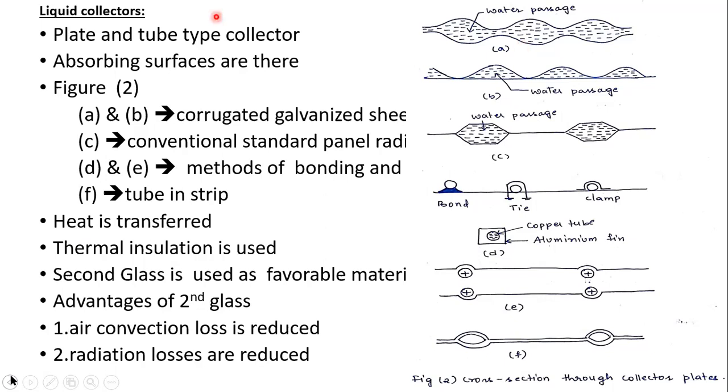Etching means a solution of hydrofluoric acid is made to flow on the glass. These are called anti-reflective coatings. These anti-reflective coatings will increase the cost of the glass, but they make it more efficient.